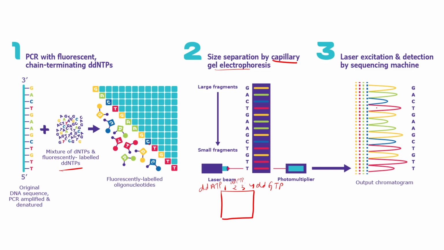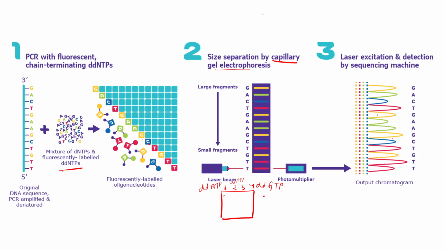Then we have C, then T, then again G, A, G, C, T, G, T and T. So this becomes easier than running an electrophoresis gel with 4 wells, and then after running visualizing the gel and analyzing the sequence manually. This is more of an automated system, the newer technology that is generally used for sequencing any kind of DNA.